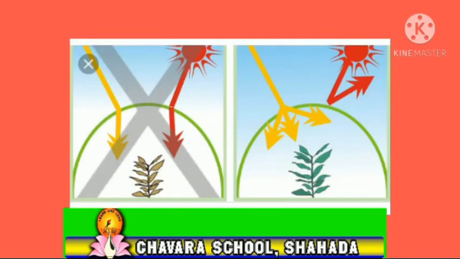Third is the cooling effect. The heat utilized when water is transpired from the surface of leaves in the form of water vapor induces a cooling effect. Dear students, you must have experienced that standing under a tree on a hot summer midday gives you a cooling effect. Why?